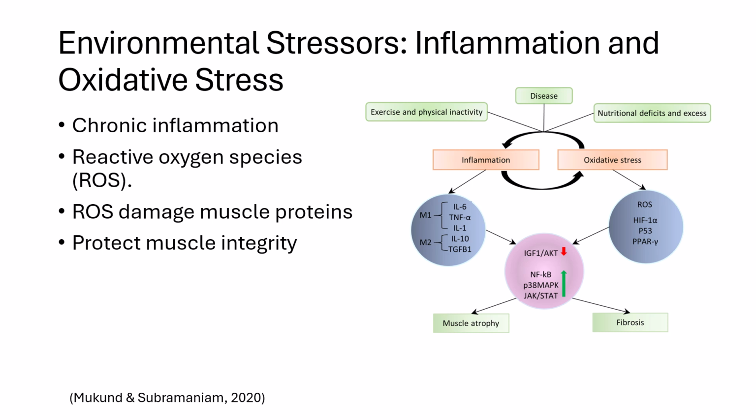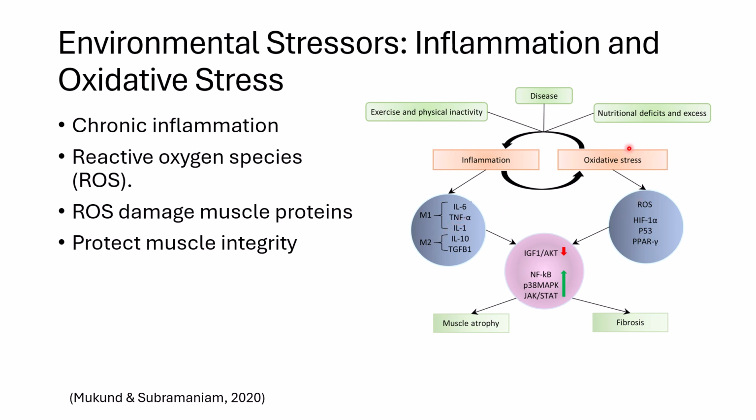Here we're going to talk about muscle stress. Inflammation and oxidative stress are major contributors to muscle fatigue, injury, and disease. Inflammation is a normal response to exercise and injury, but when it becomes chronic due to conditions like obesity, aging, or autoimmune disorders, it leads to muscle degradation. Cytokines like TNF-alpha and IL-6 drive this chronic inflammation, breaking down muscle proteins.